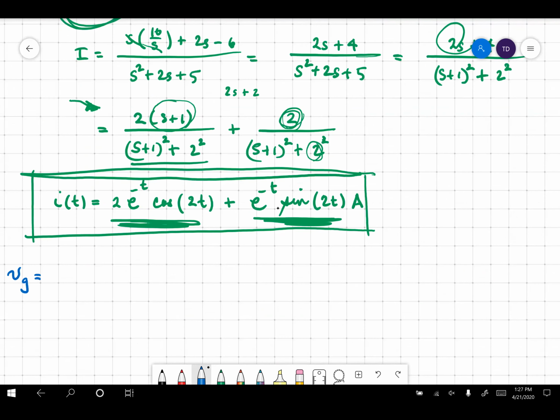So VG is 4 cosine of t. So VG equals 4s over s squared plus 1.